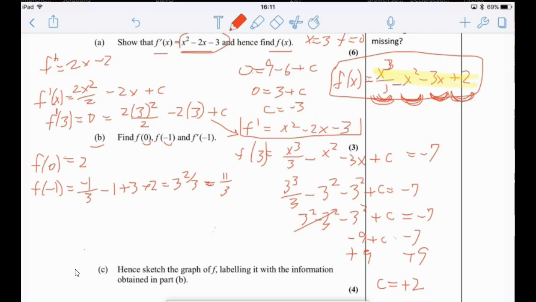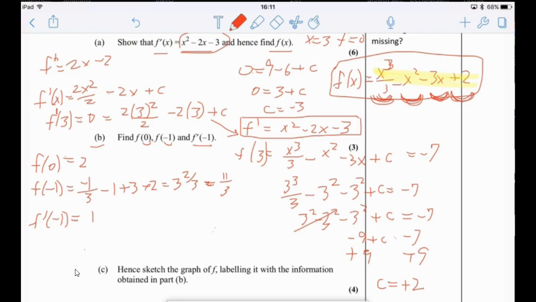Okay, and then the last thing is they want us to find f dashed of negative 1. So what is the derivative of the function at the value of x equals negative 1? We just need to put negative 1 into the f dashed function, which is this function here. So we put in negative 1 for x squared, so that gives us positive 1.